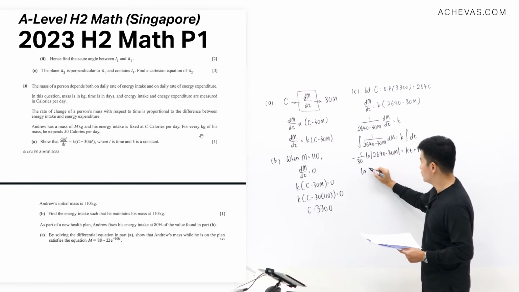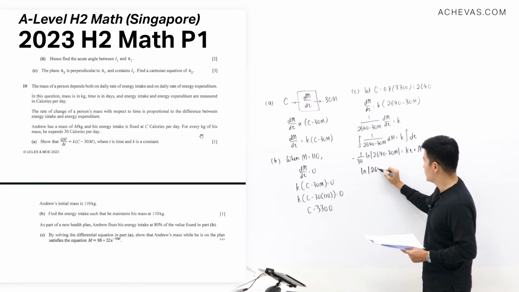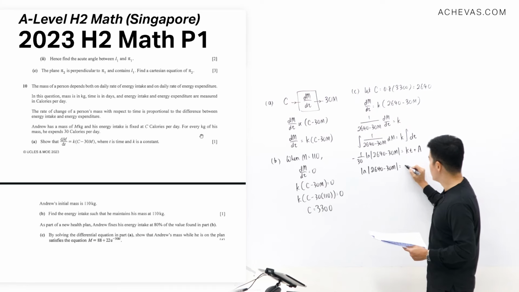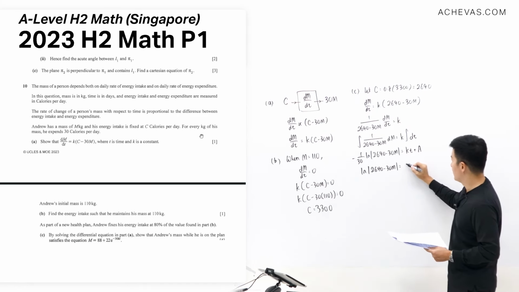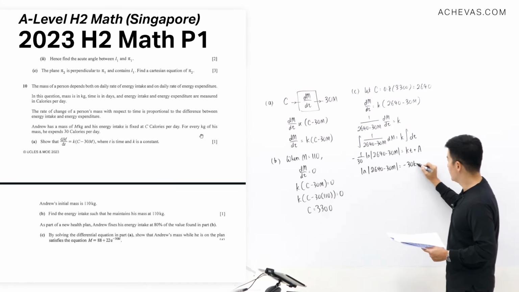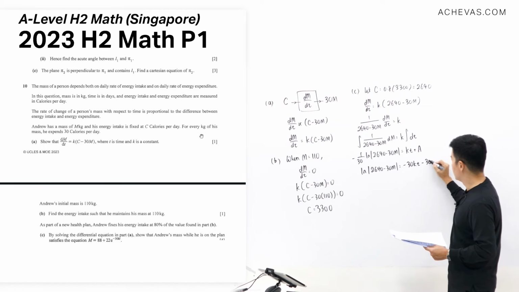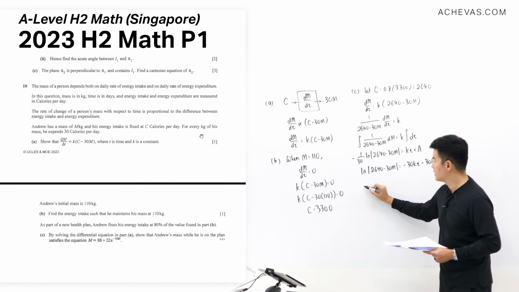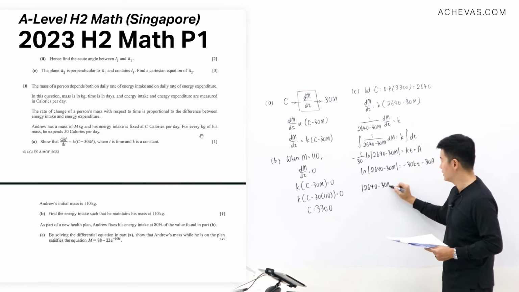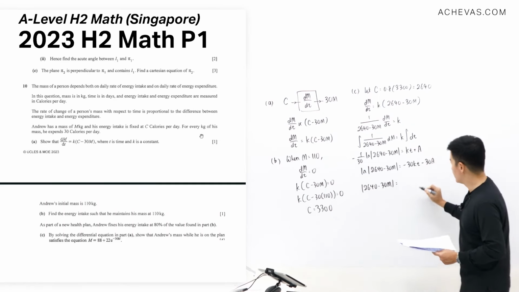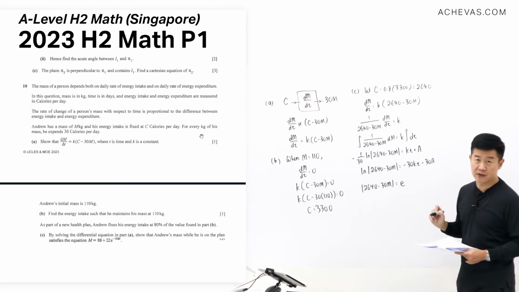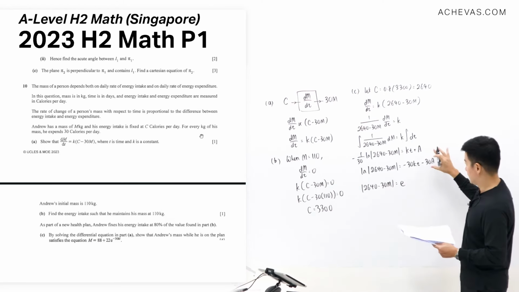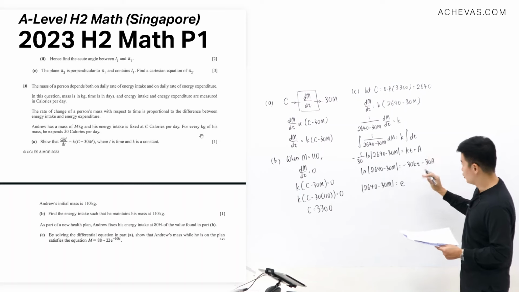So for this that we have here, I'm going to try to make m the subject. Okay, so to do that, I will rewrite this. 2640 minus 30m is going to be equal to negative 30kt negative 30a, which means that modulus of 2640 minus 30m is going to be equal to e to the power of this, which I'm going to break up the power into two different parts.